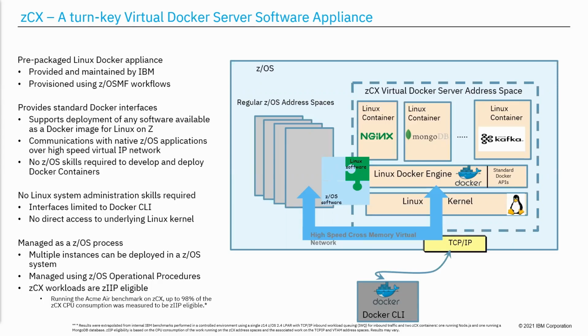So what that means is that IBM procures the Linux kernel, it procures the Docker engine, it procures several other things that you're going to need in order to be able to run your Docker workloads inside of this address space. So you don't have to procure that stuff. You don't have to actually go out and get maintenance.